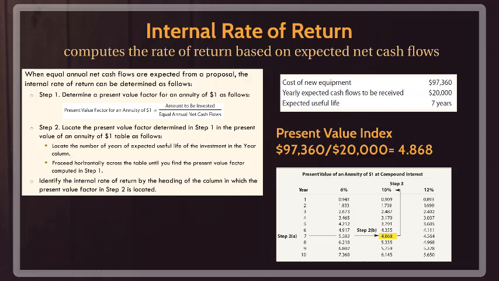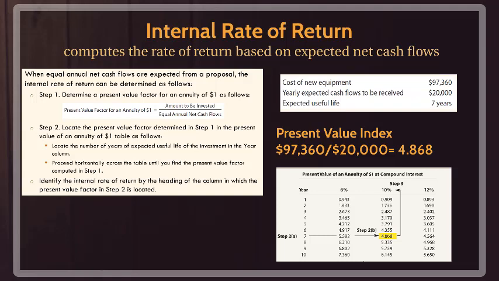Again, first, what you're trying to do is find that present value factor for an annuity. And to do that, you take the amount to be invested and divide that by your equal annual net cash flows. Again, you're looking for those annual cash flows. So in this example, our cost of the new equipment, or the amount to be invested, is $97,360.